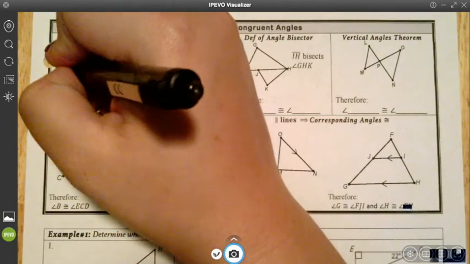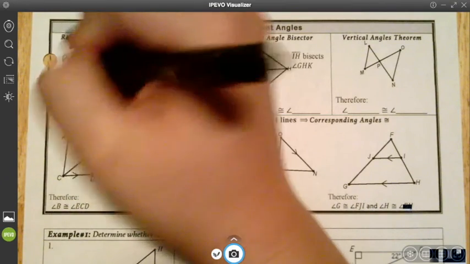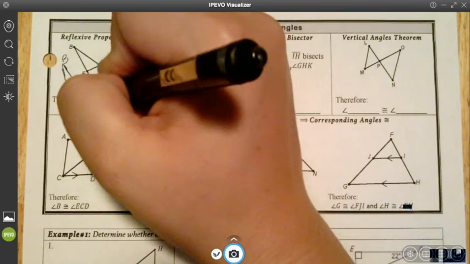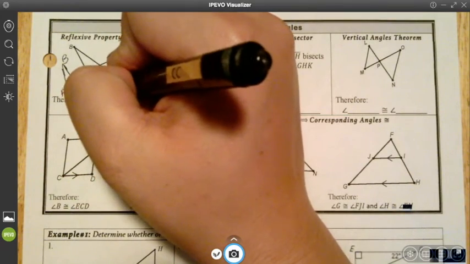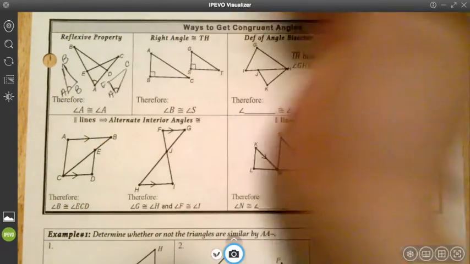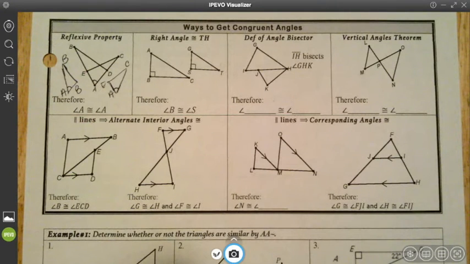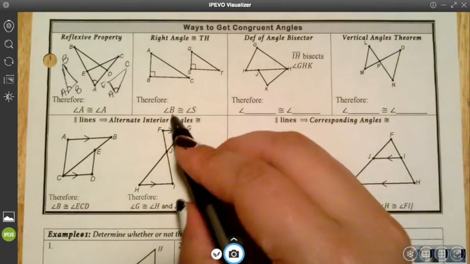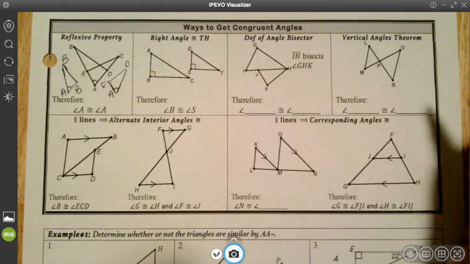We have our triangle BAD and we have our triangle CEA, and both of those triangles contain this angle A. It's the same angle, so they must be congruent. We also know that all right angles are congruent. So angle B must be congruent to angle S because they're right angles and equal to 90-degree measurements.